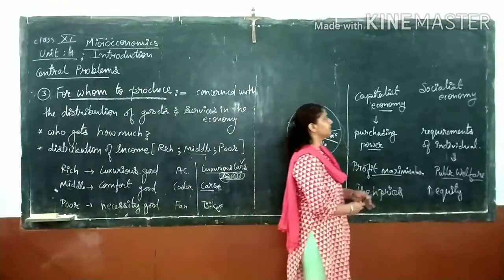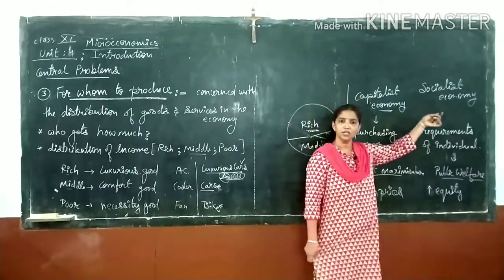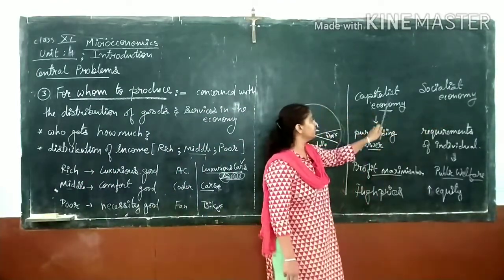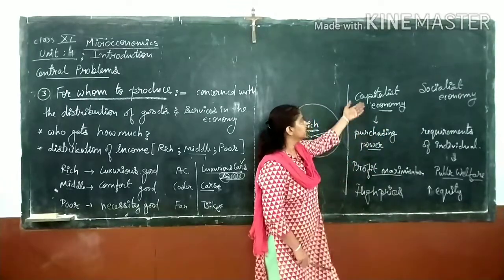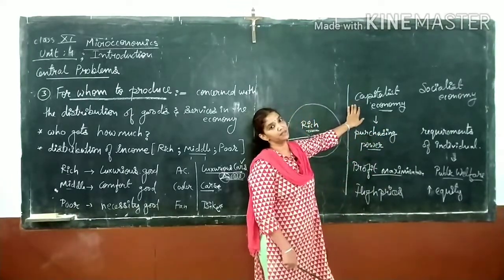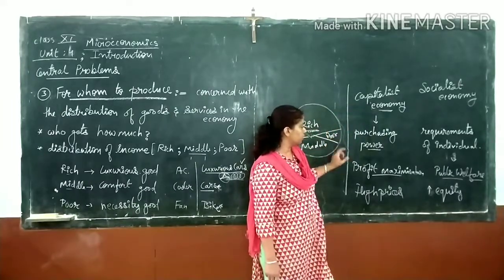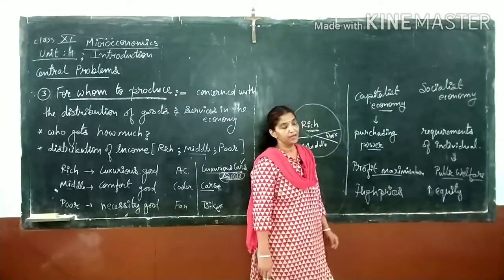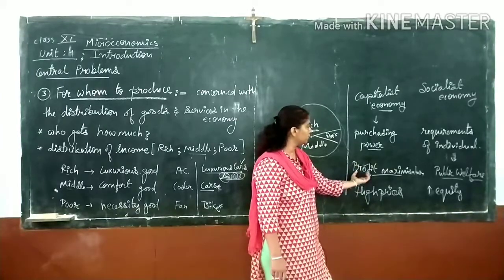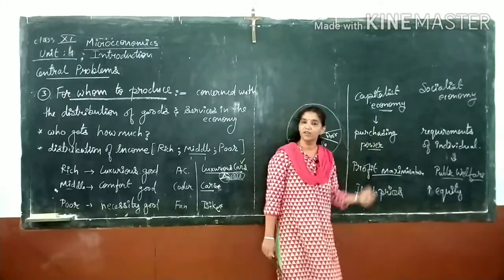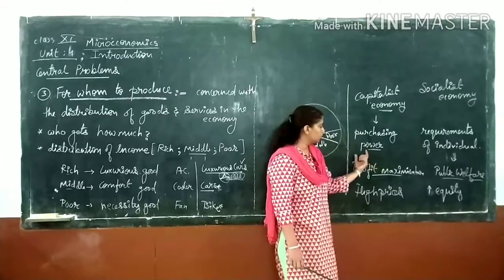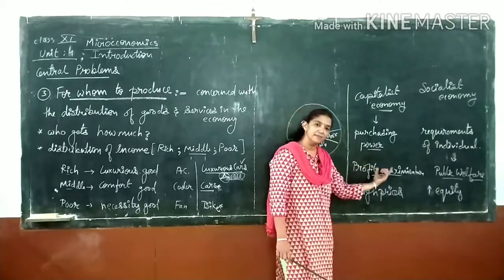On the basis of capitalist economy or socialist economy, economies will decide this. For example, if the economy is capitalistic, it has to produce for profit maximization, and that production is based on the purchasing power of the people, as the main motive is maximization of profit.